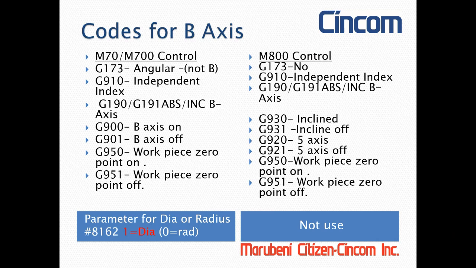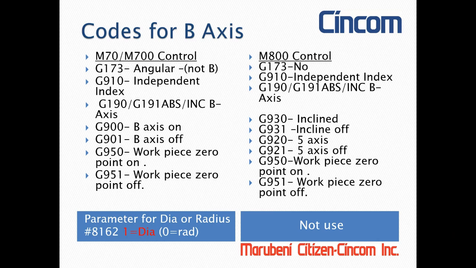We want to start first with the angular command, and we have that on all machines which are not equipped with the B-axis, so we can perform any drill hole or any milling having a tilt. This will involve some math, and we will talk about it later.